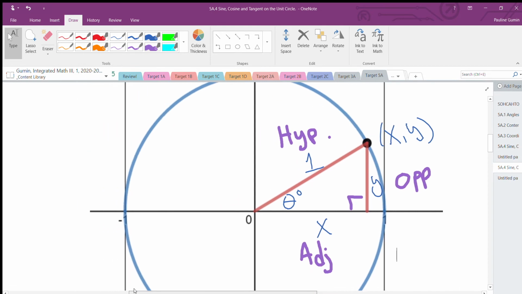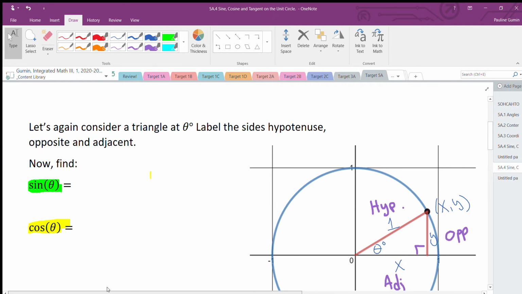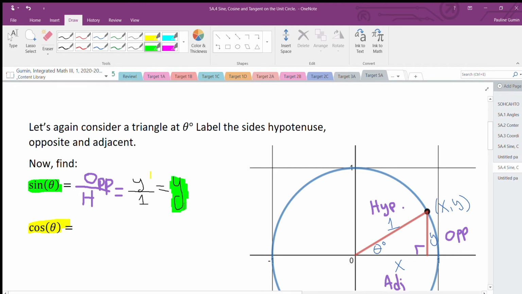Okay. Now, at the beginning of this unit, we talked about SOHCAHTOA, right? And sine was opposite over hypotenuse. So let's write that down. Opposite, OPP, over H for hypotenuse. Well, let's check out our values. For sine, in the circle, the opposite value is y. Our hypotenuse is 1. Y divided by 1 is y. So our sine tells us our y coordinate.